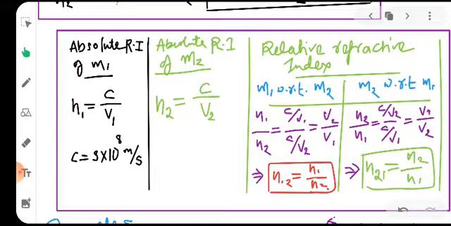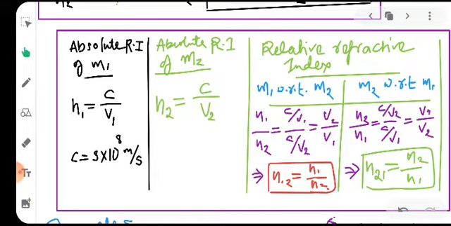So if the velocity of light is known in two different media, then we can take the ratio to find out their relative refractive indexes. But what if only the refractive index of each material is given and nothing else is known? You can use those values to find out the relative refractive index between these two media.